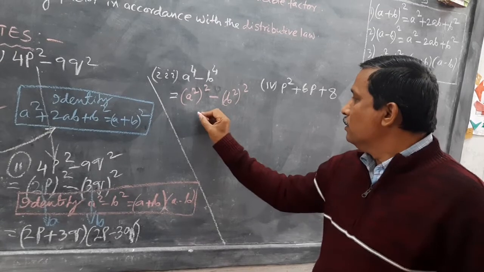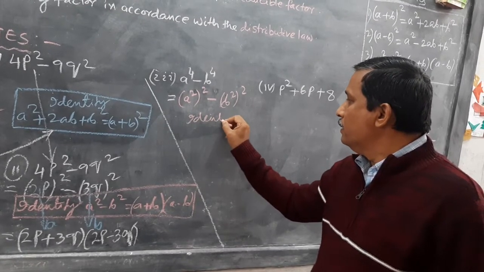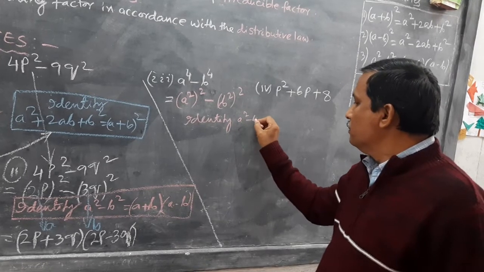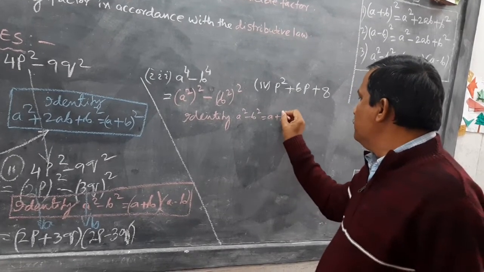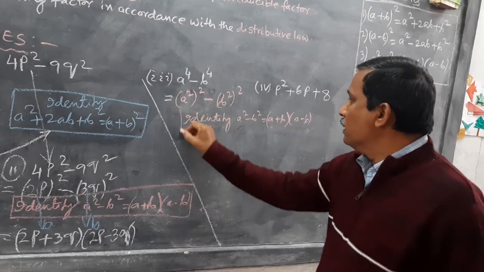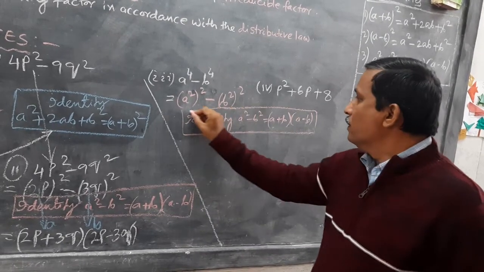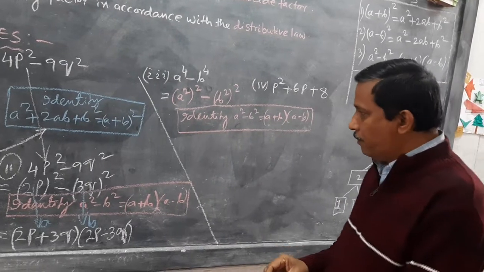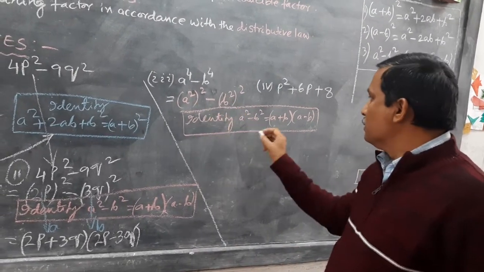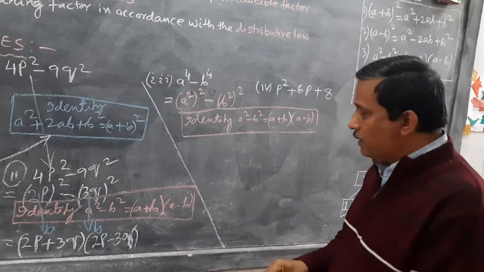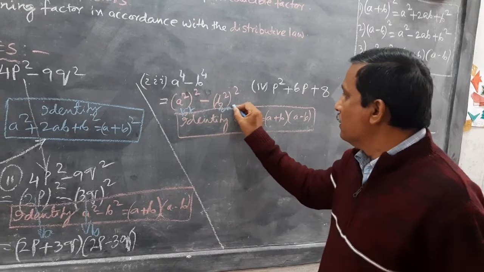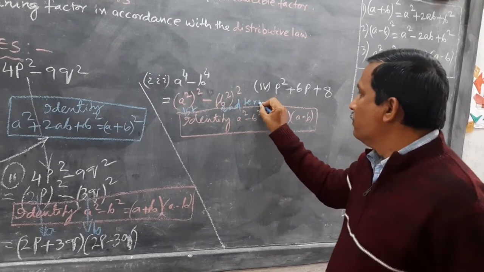That is your identity. You write the identity for your betterment. Identity: a square minus b square is (a plus b) into (a minus b). You make it square. Now here, a square minus b square. If you take, this is the first term and this is the second term.